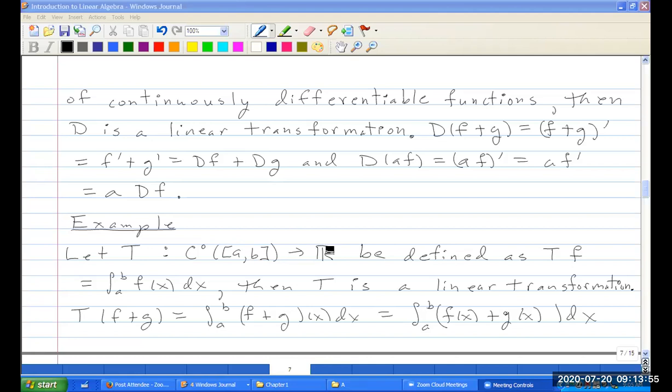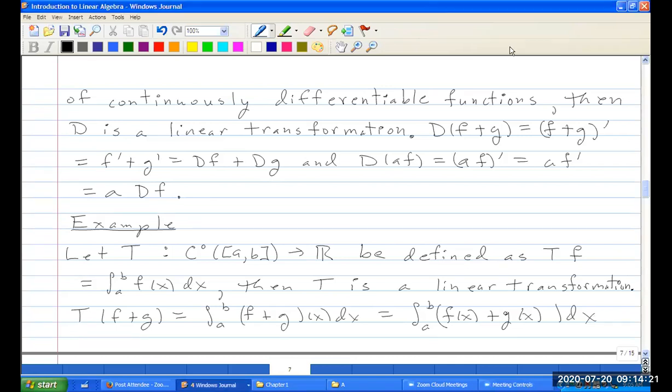Let this be defined as, oh, that's where I should have said that, let it be defined as, I forgot to put that in. Let it be defined as Tf is the integral. T is a linear transformation.